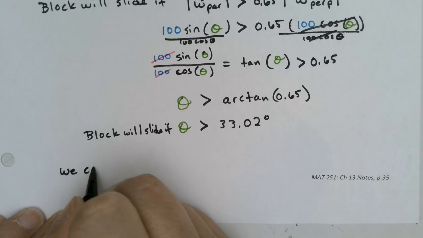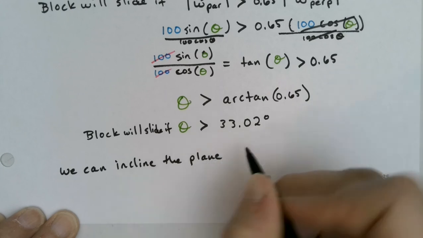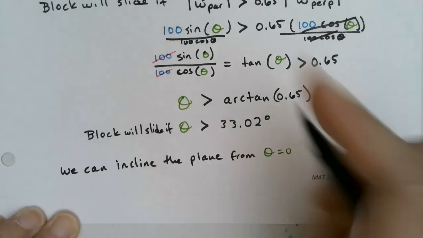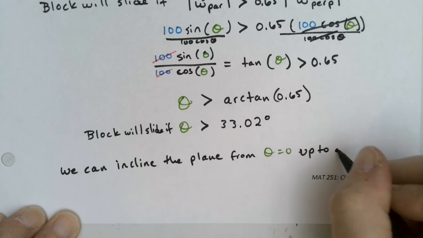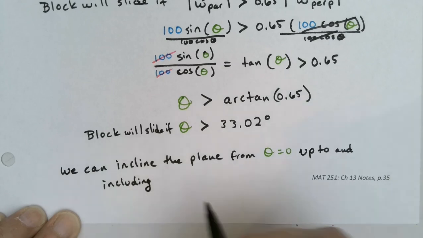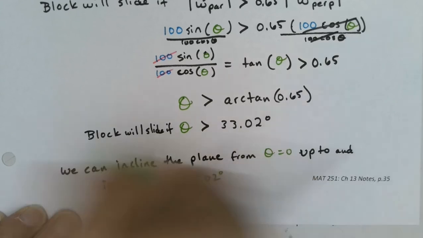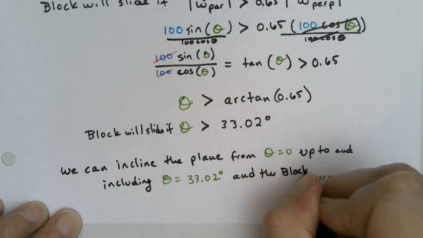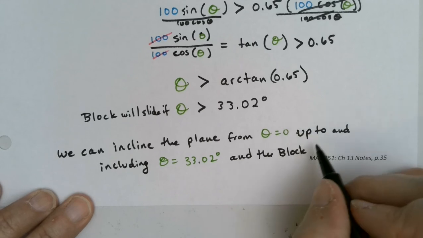We can incline the plane from theta equals 0 up to and including theta equals 33.02 degrees, and the block will not slide, which is the question they actually asked. In other words, the block will slide if theta is greater than 33.02, so it will not slide if it's less than or equal to 33.02.